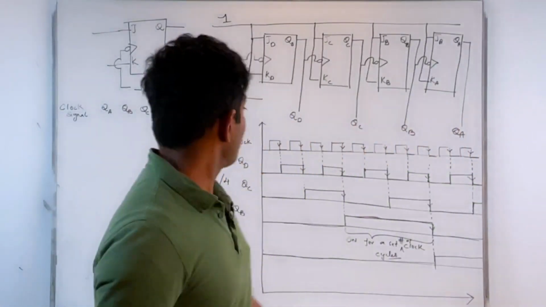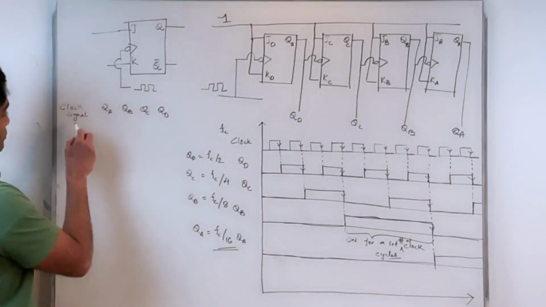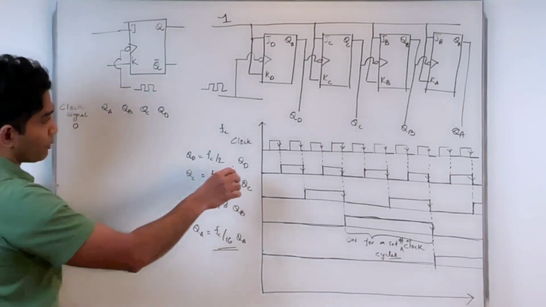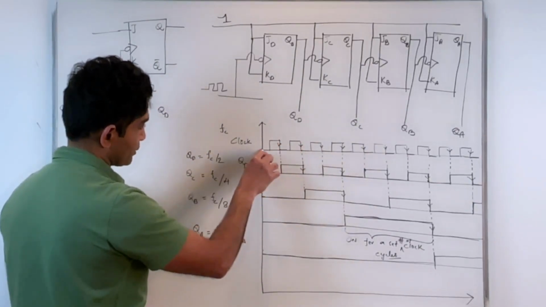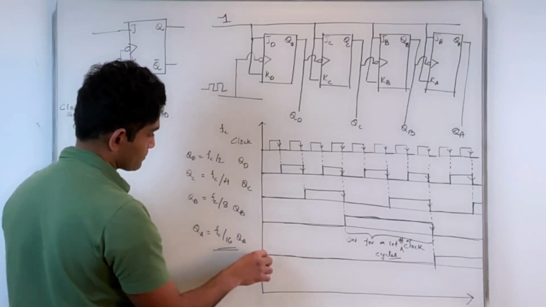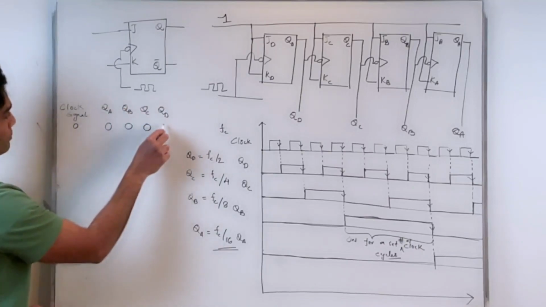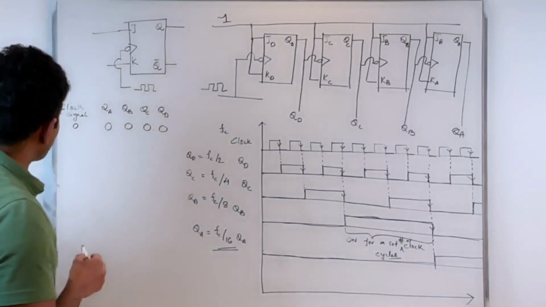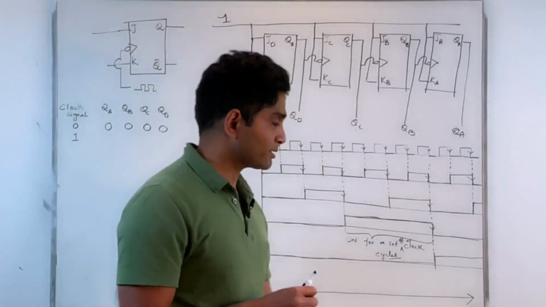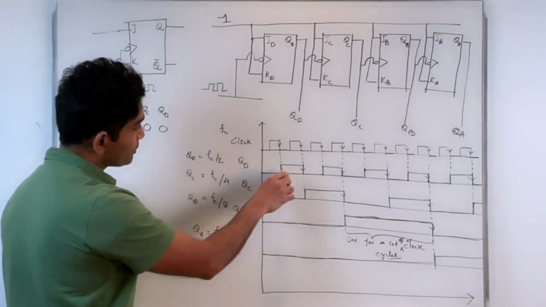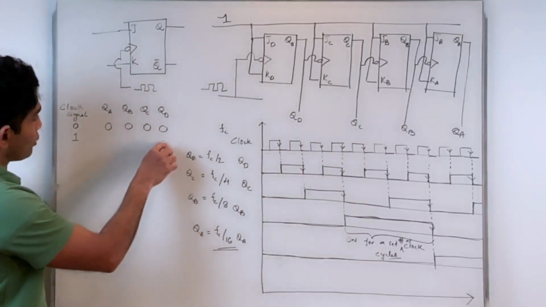With respect to the clock cycles, let's say on the 0th clock pulse, everything was at 0. So QA value is at 0, QB at 0, QC at 0, QD at 0 as well. On the first clock pulse, when I say the first clock pulse, I'm talking about the first triggering instance. My QD has risen to 1. That means my QD value was toggled to 1.